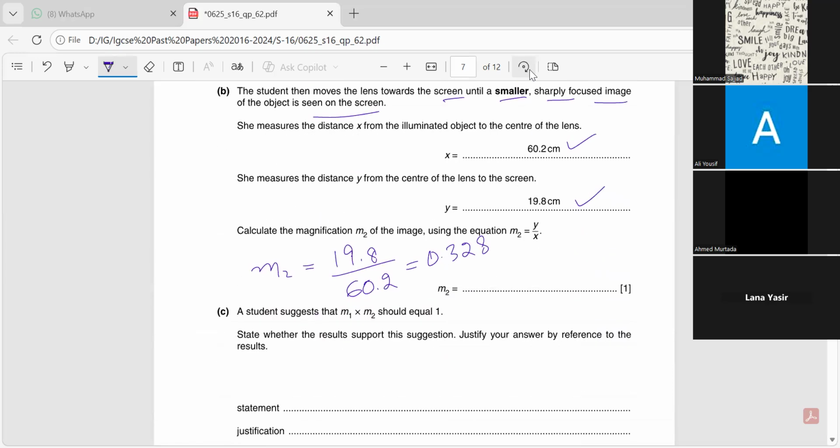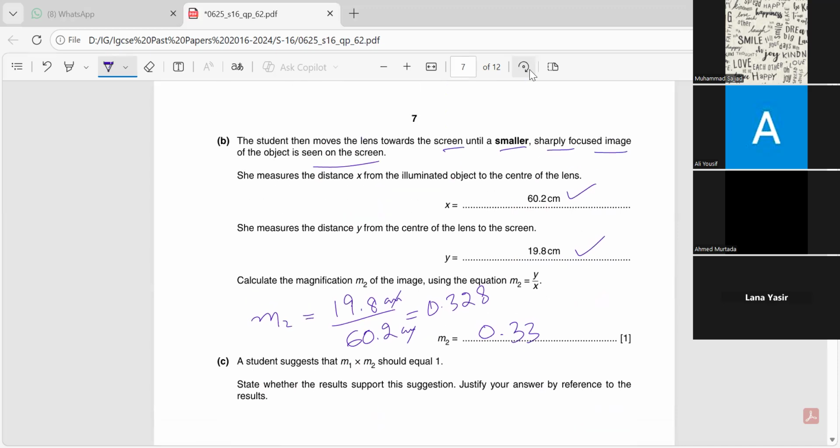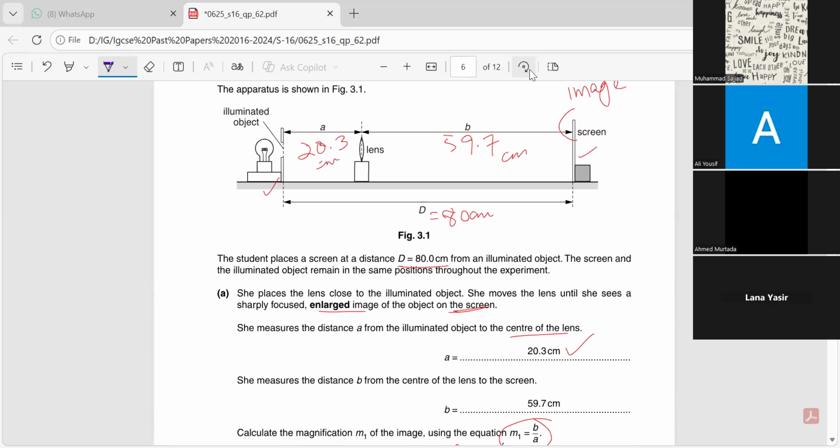So I cannot use 3 here. Here also I will be consistent with the number of significant figures. I will make it 0.33, and again there will be no unit. The reason is that centimeter here and centimeter here are cancelled. Now, another thing: the total distance D was told to be 80 centimeters. D was from the screen to the object, and the screen and object are fixed. Only the lens is moved.